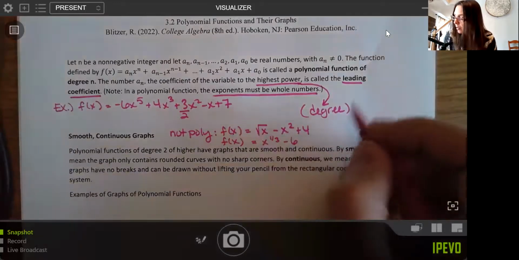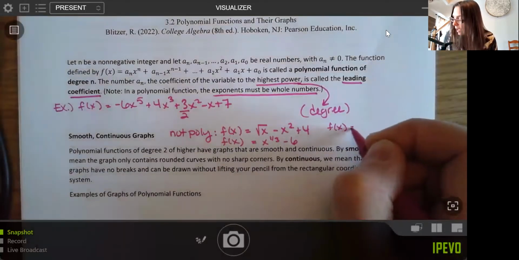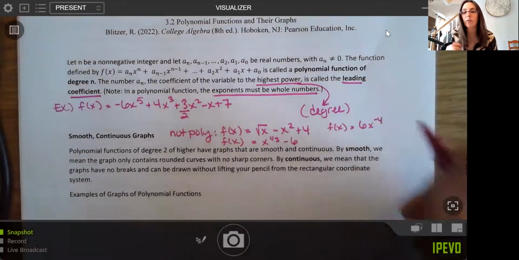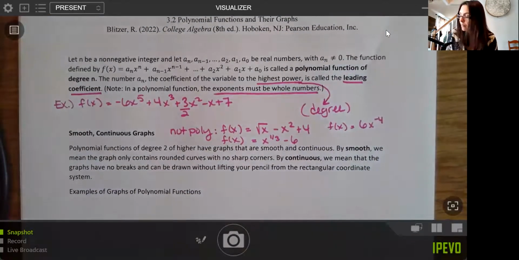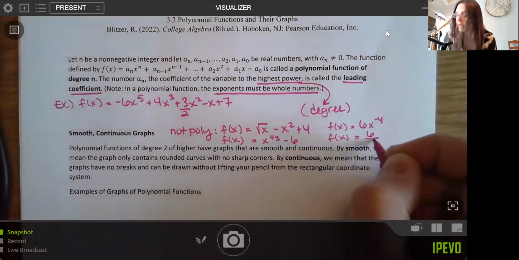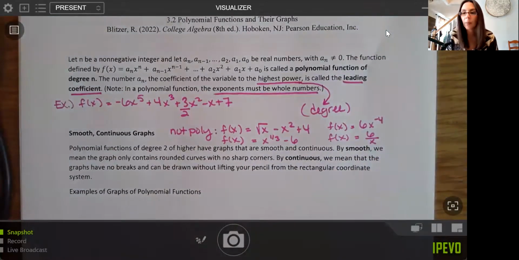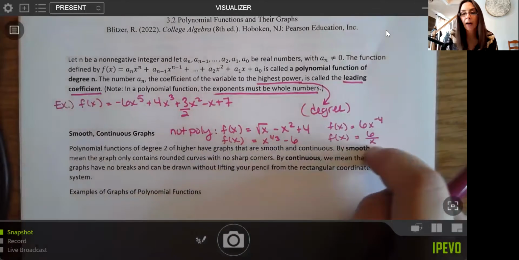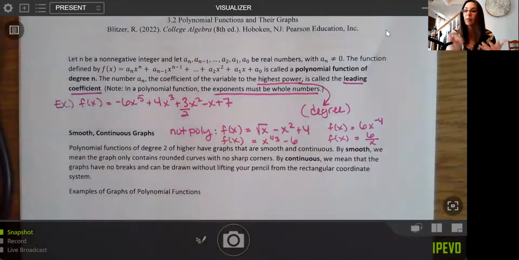Other things that are not polynomials, let's say you had an exponent that had a negative. That is not a polynomial. Or let's say you had a variable in your denominator, also not a polynomial. And these two are related. Variables in the denominator and negative exponents relate to the same thing.